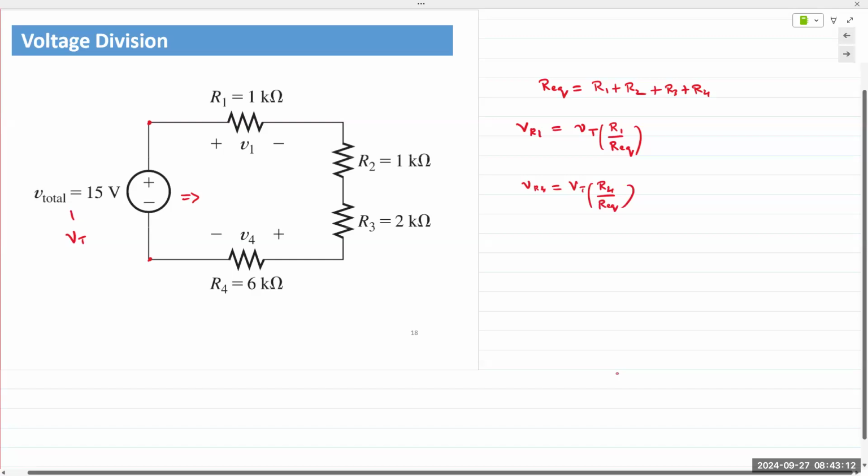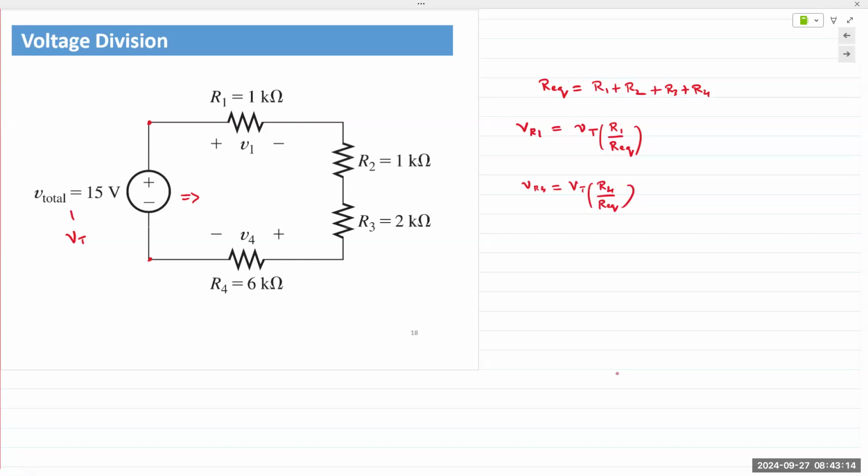So that's voltage division. Obviously, current in a series circuit is going to remain the same. Current is equal, there's only one pathway for it to flow through, so it's the same through all four resistors. All right, any questions?